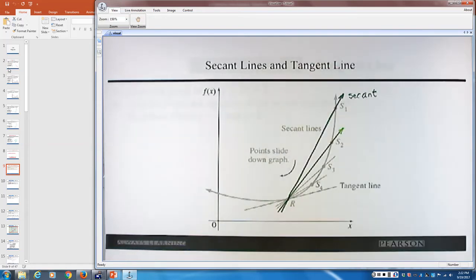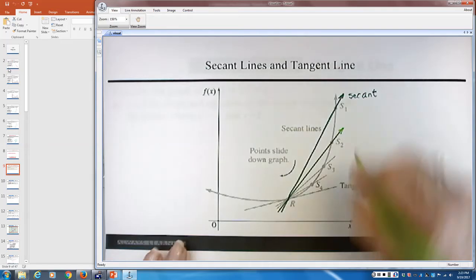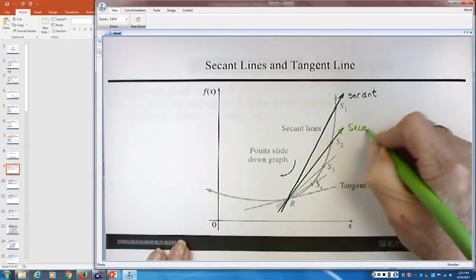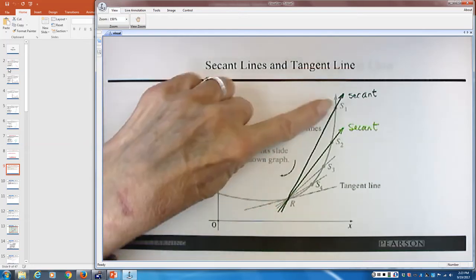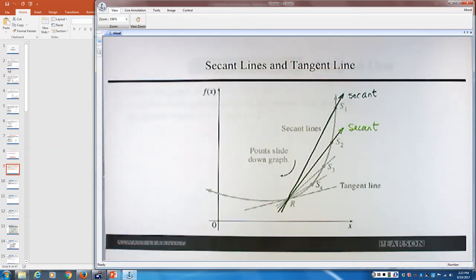Is it still a secant line? What's the actual difference between this line and this line? How do they differ? And what do they have in common? What do they both have in common?